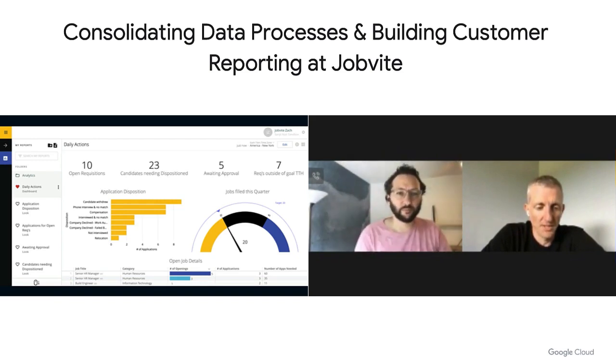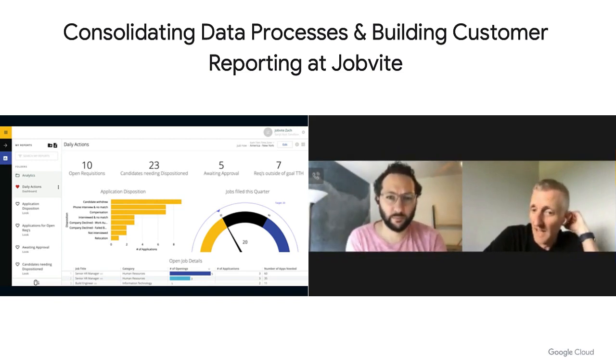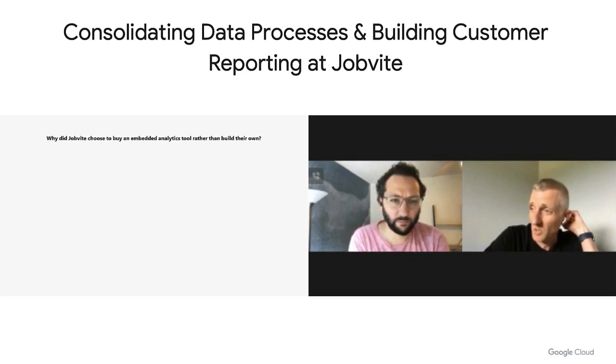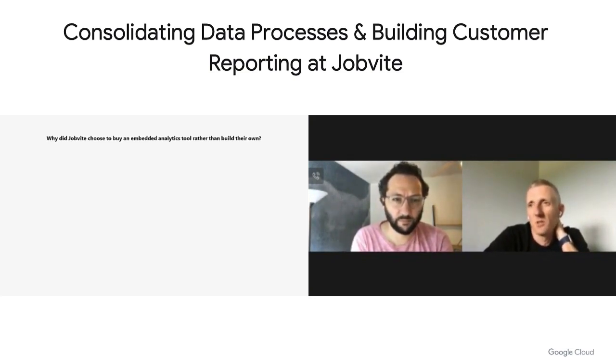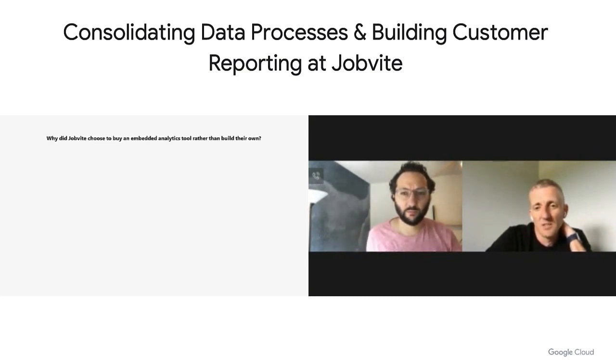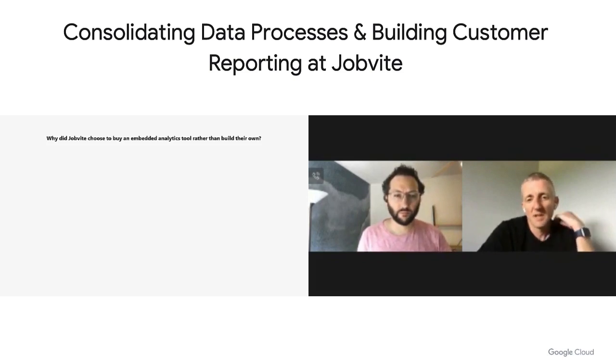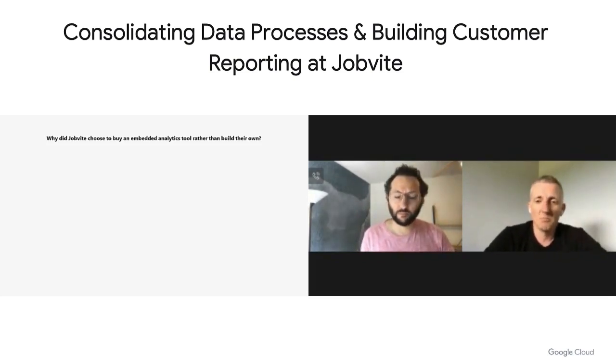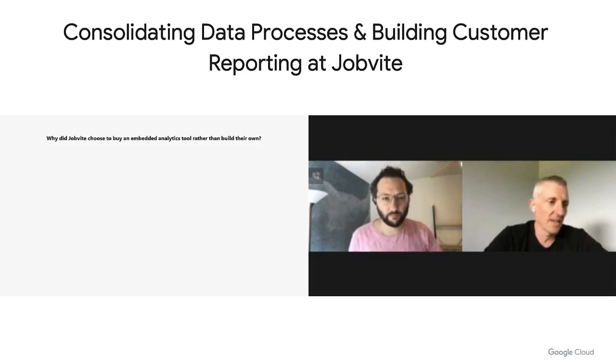Yeah, for sure. So we did. Jobvite had a semi-homegrown solution, and our major reason for going away from that is we wanted our data to be a platform, right? If we think about our organization, we want our data team to be focused on providing the data and not necessarily spending a lot of time, dollars, and resources around building the structures to present that data.